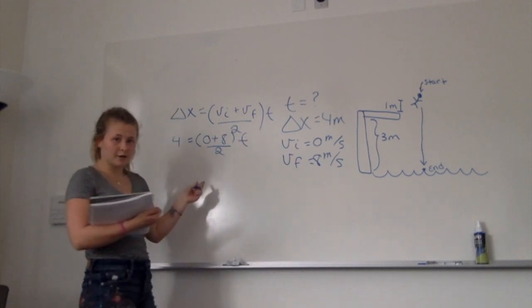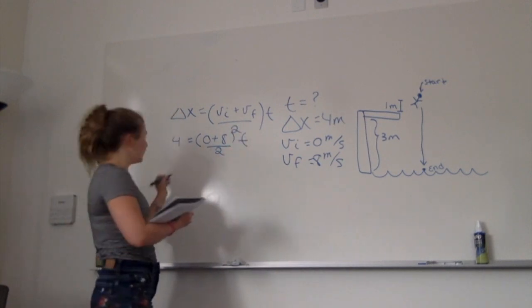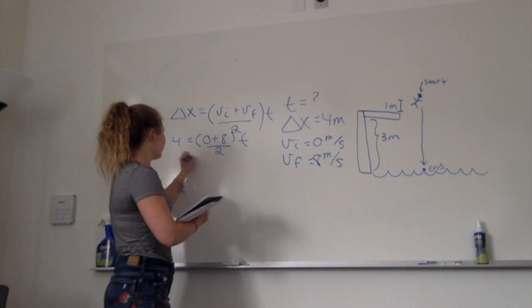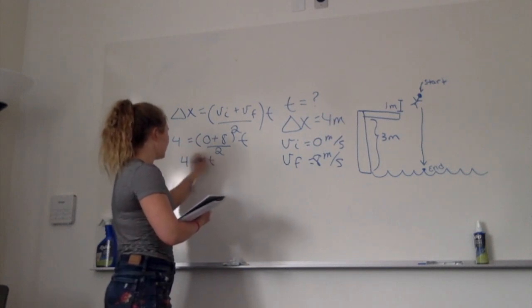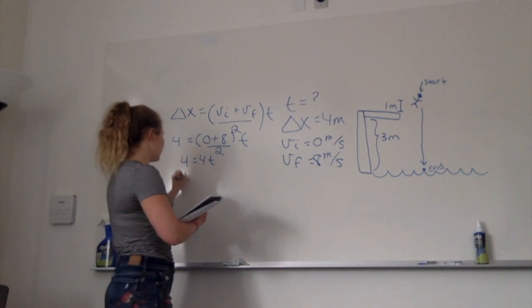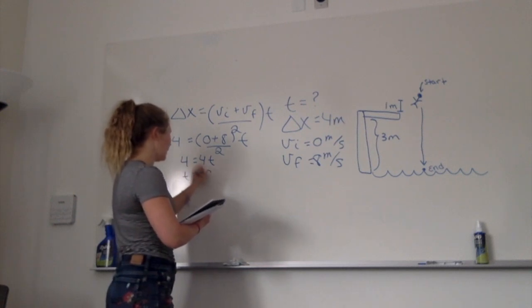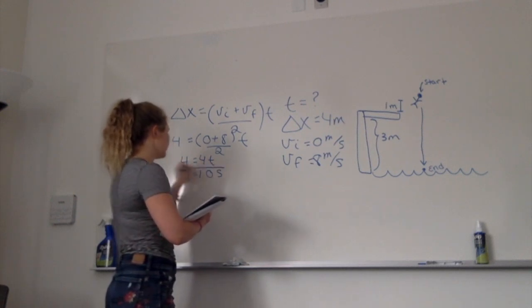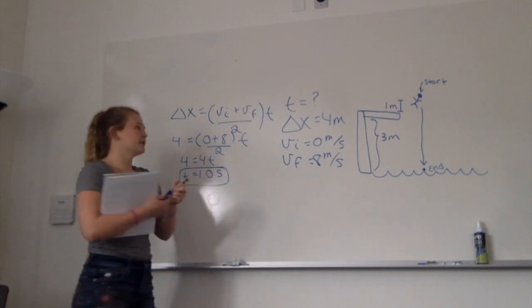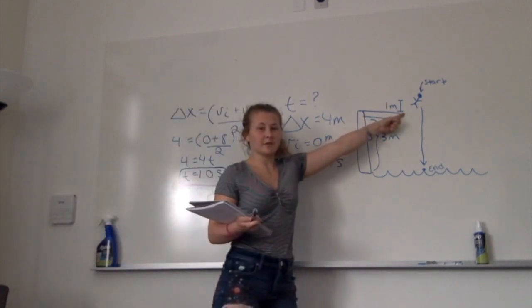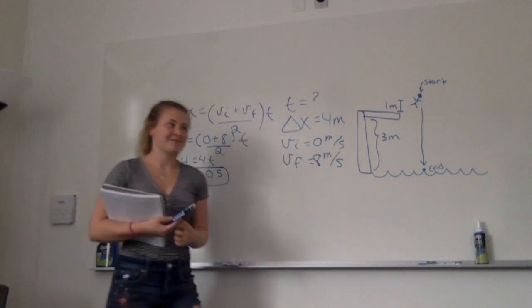And then we're just going to solve this equation for t. So if you simplify that a little bit, you get 4 equals 4t. So then if you divide on both sides, you get that the time equals 1.0. And then don't forget to add units, 1 second. So it takes 1 second for me to go from the start to the finish of my dive.